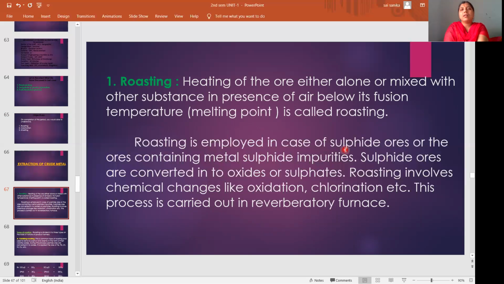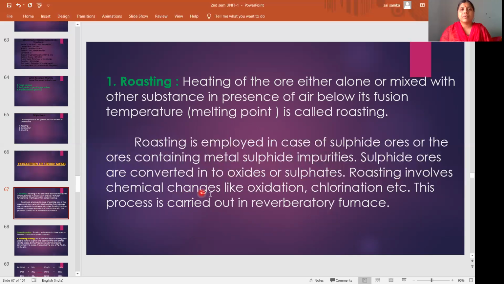In those cases we will apply roasting. During roasting, sulfide ores are converted into oxides or sulfates.